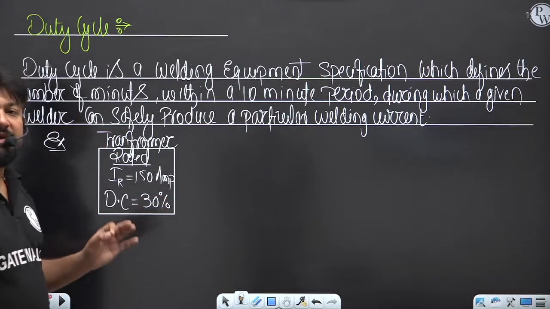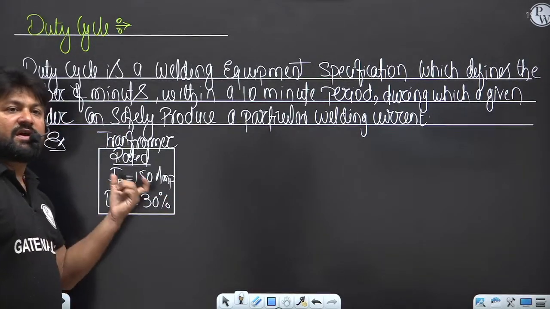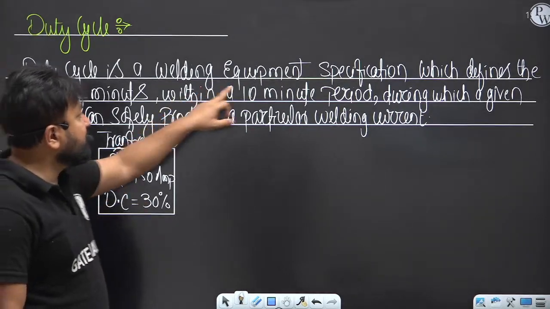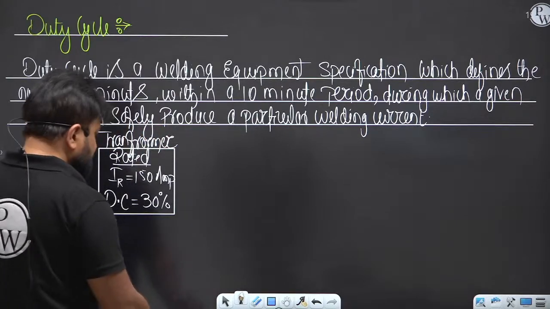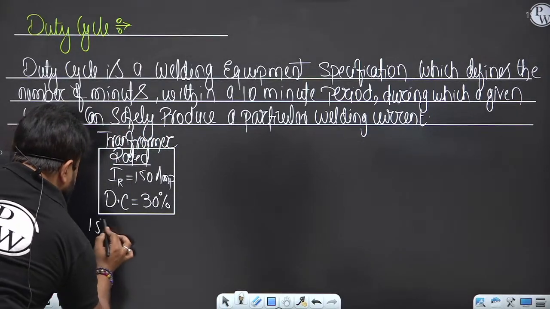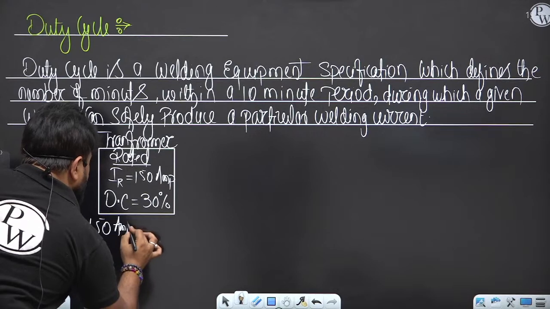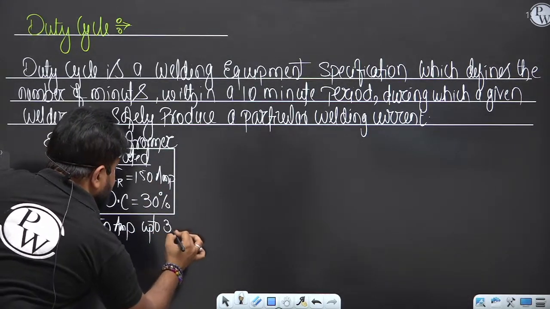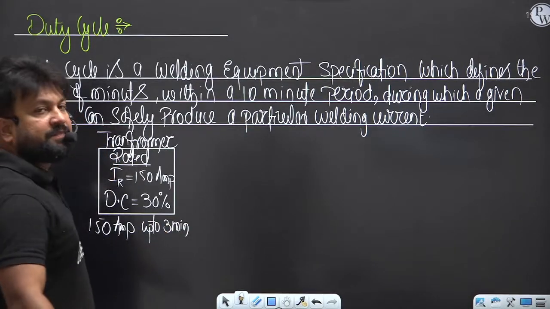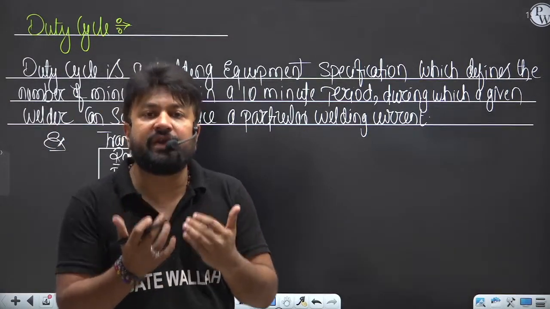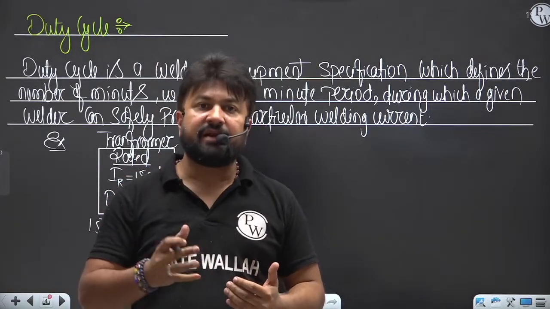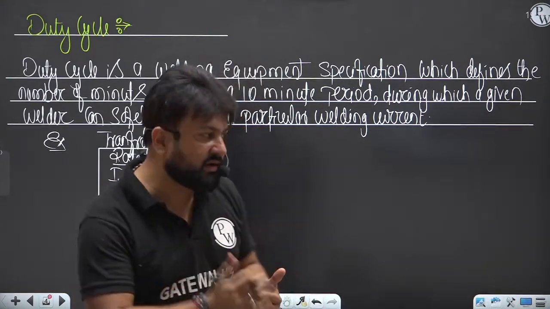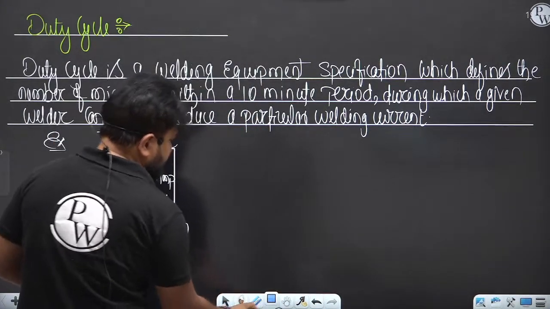What is the meaning? It means you can draw 150 ampere for welding for 30% of 10 minutes, that is 3 minutes. After that, you can resume your welding process.